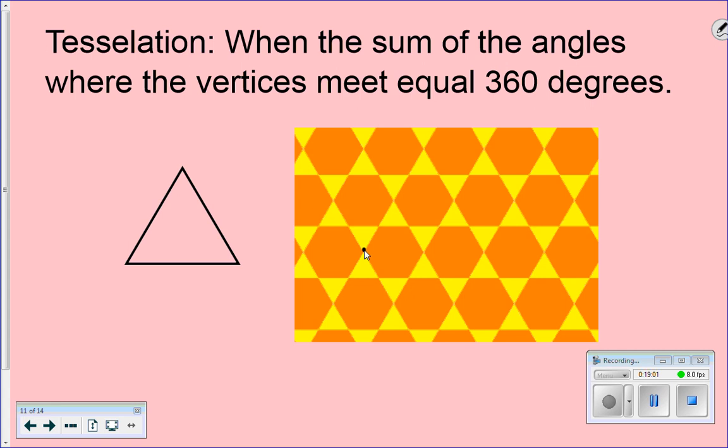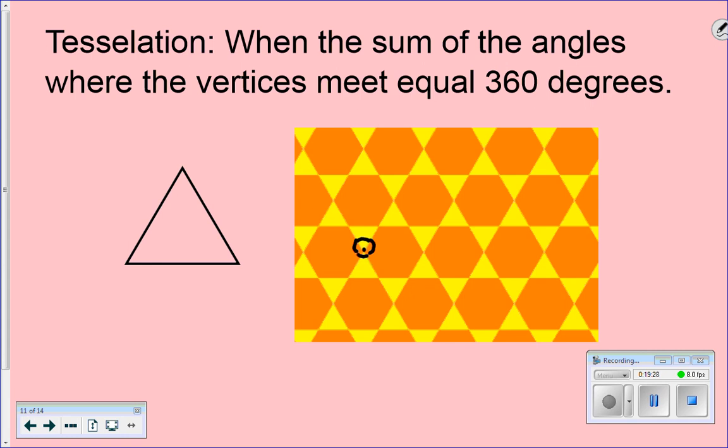That means that this angle, and this angle, and this angle, and this angle, guess what it has to equal? 360 degrees, because I just make a circle. Okay? So our job today is they're going to give us a polygon, and they're going to ask us if it will tessellate, which means that if we put it together, will it automatically go together without any spaces? Okay? And there's ways we can figure that out by using everything we know now.